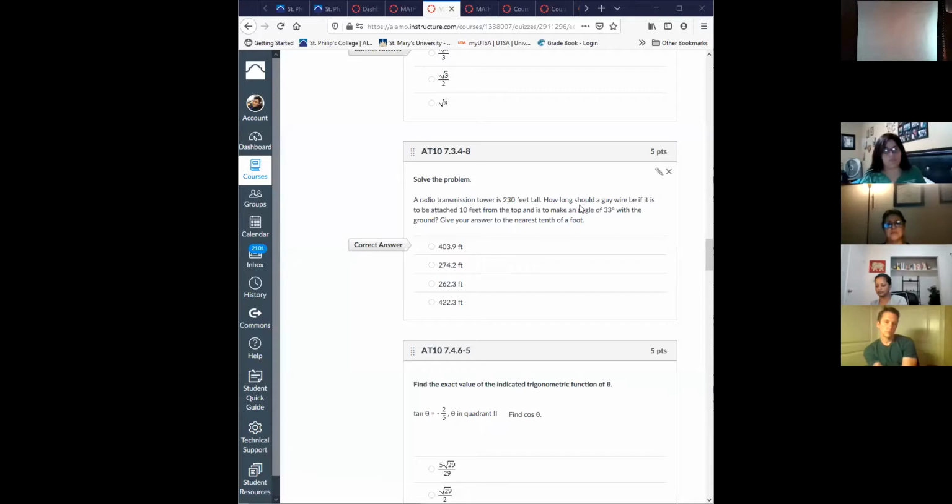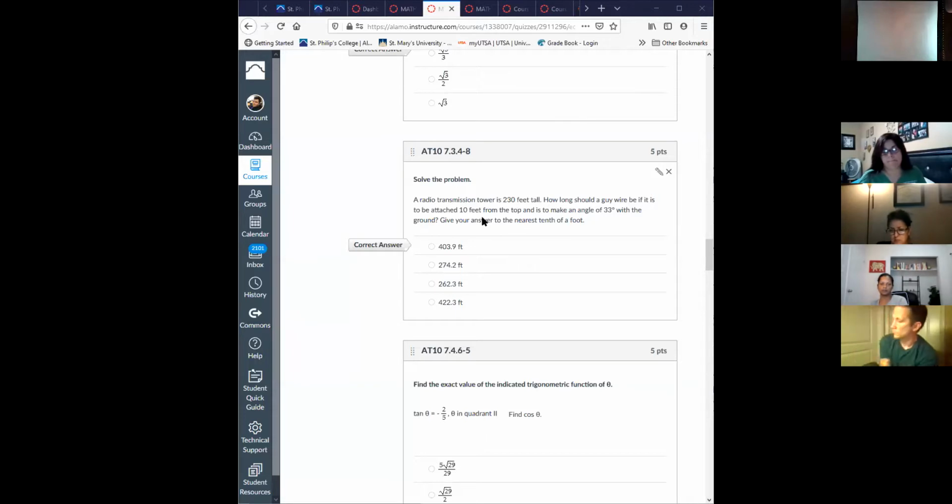Okay. So radio tower, 230 feet tall. So let me write all this information down. How long should a guy wire be if it is attached 10 feet from the top? So you picture a tower, and then there's a little attachment on top that's 10 feet above the tower. So the wire is attached to the 240-foot mark.